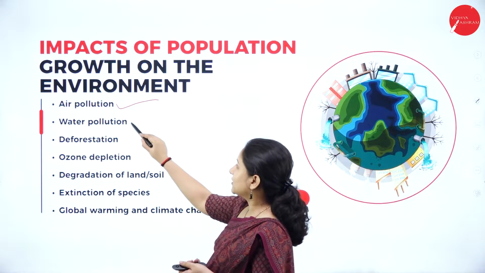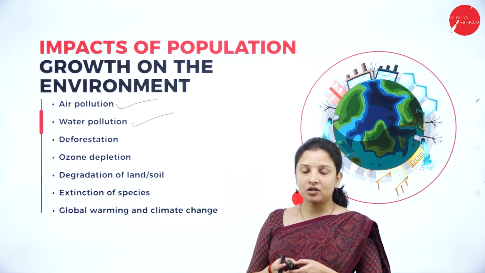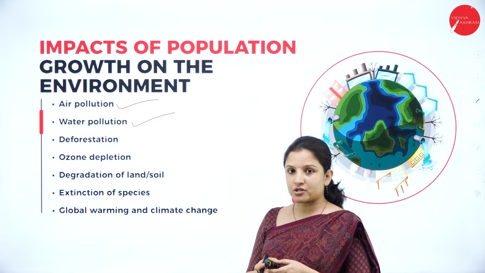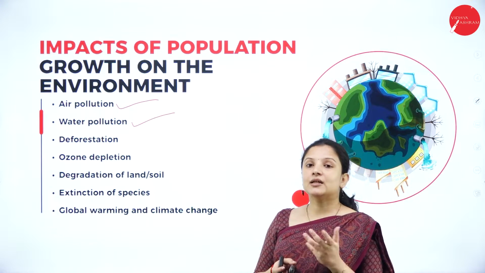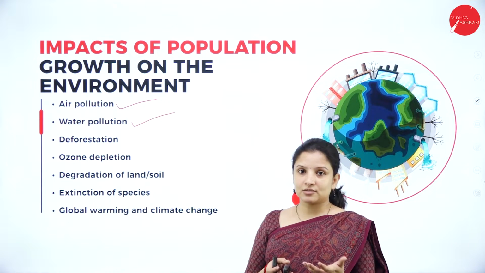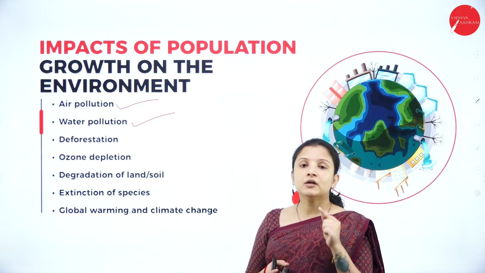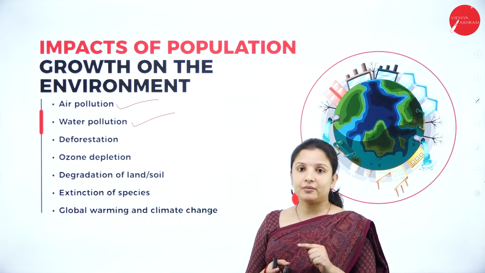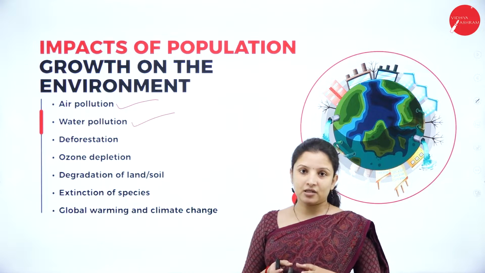Next, it will result in water pollution. Lesser the amount of fresh water, more the pollution. As the population increases, the demand for water also increases. We know that only 1% of fresh water is available, and of that, the majority goes to agriculture.